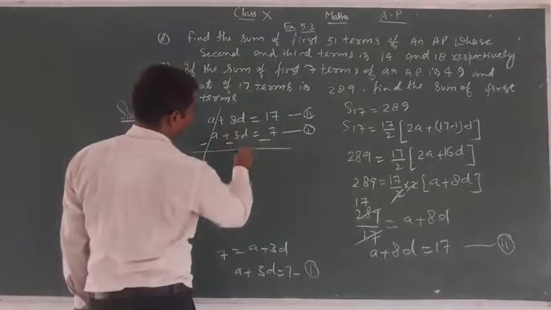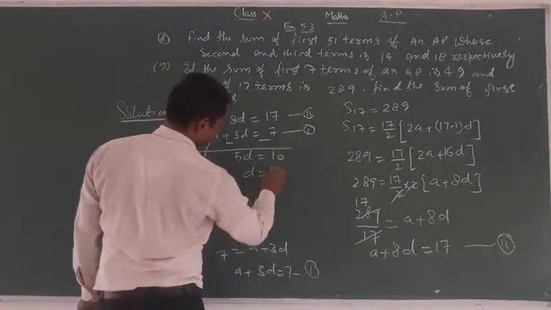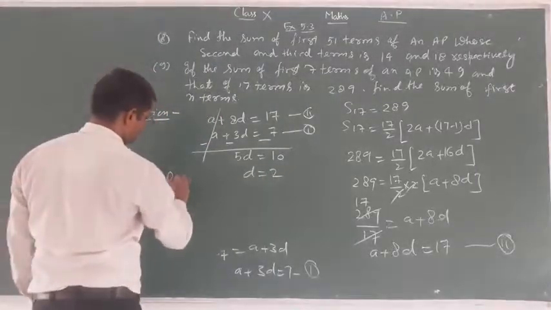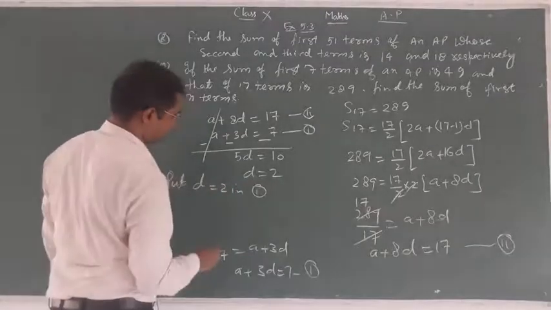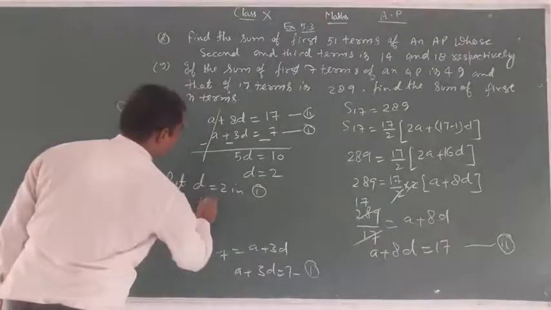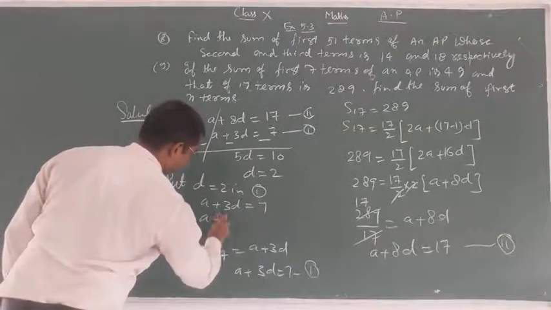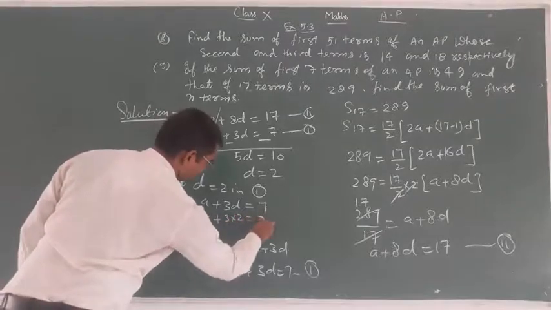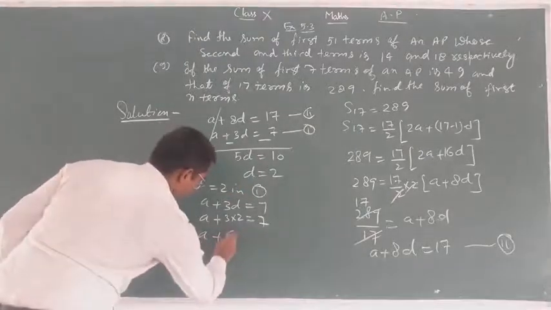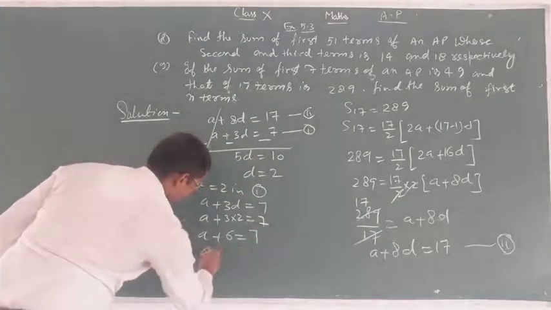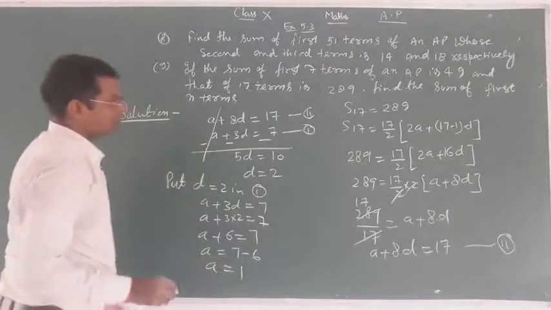So 5d is equal to 10. So d is equal to 2, and put d is equal to 2 in equation first. So a plus 3d is equal to 7. a plus 3 into 2 is equal to 7. So a plus 6 is equal to 7. a is equal to 7 minus 6, which is 1. a is equal to 1.